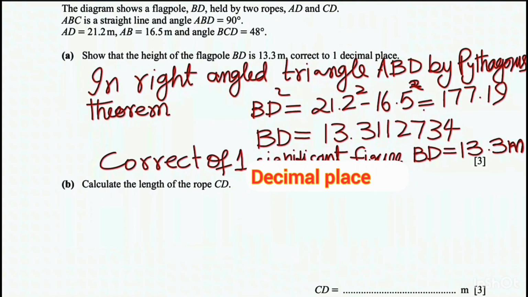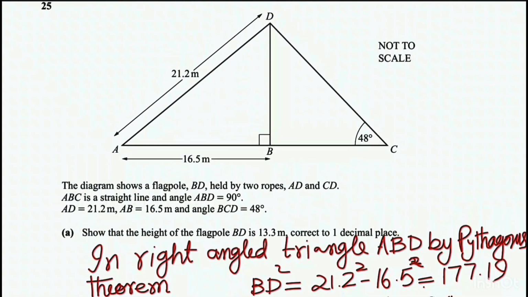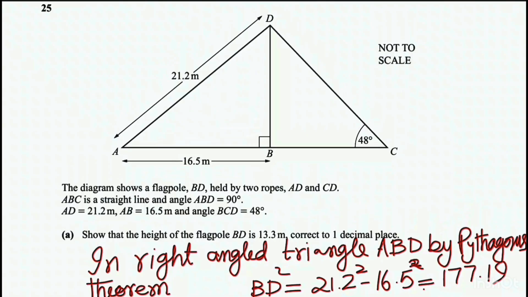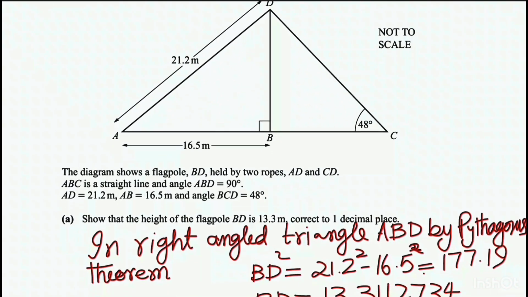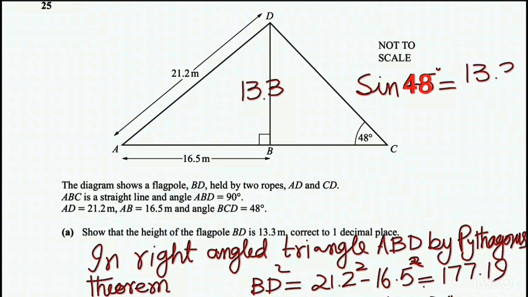And the next part we have to evaluate. We need to work on triangle BCD. Now BD is calculated, BD is 13.3. So we have to calculate CD. CD is required and BD is given, so we use sine.